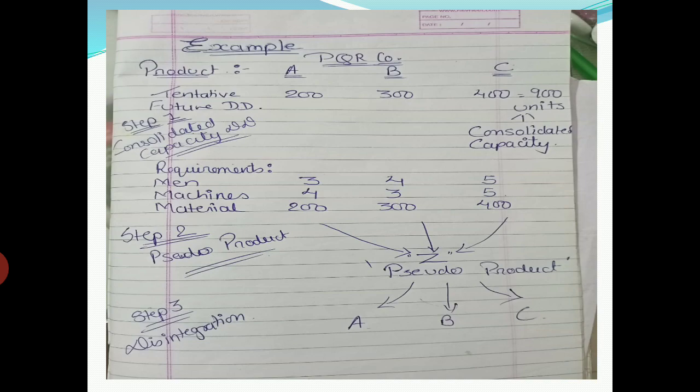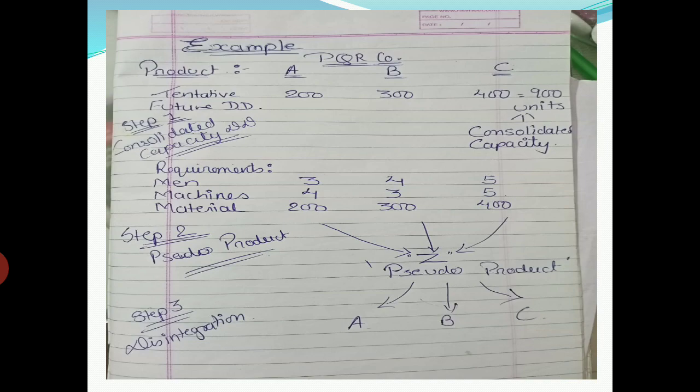And furthermore, we will be able to find out whether we can meet the demand of product A of 200 units, product B 300 units and product C 400 units likewise. This is how, with the help of this top-down approach, we are trying to make the aggregate planning.